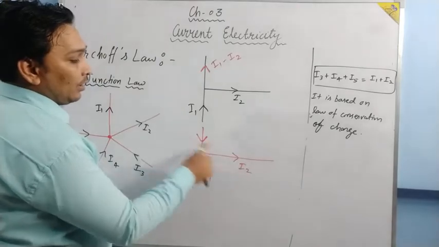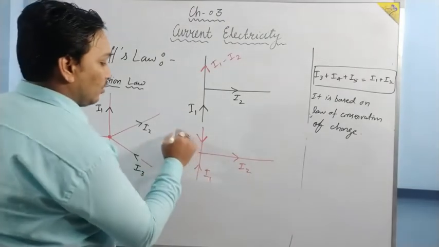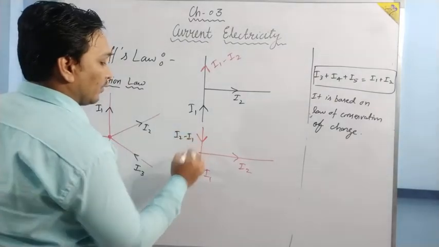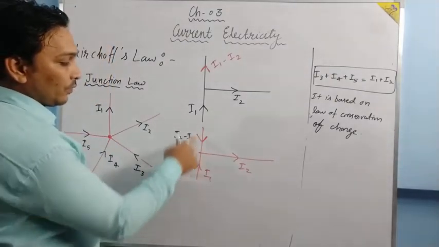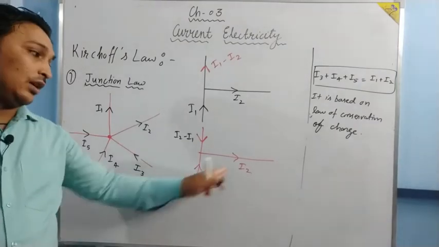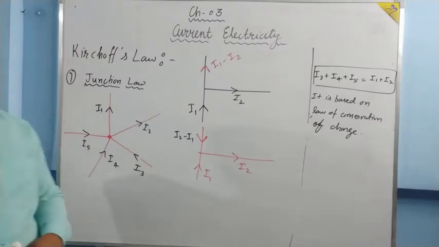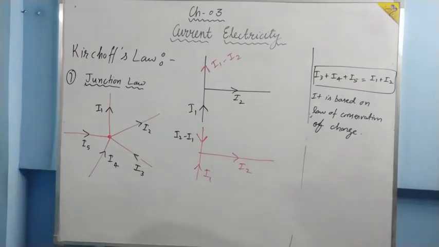Total incoming current must be equal to total outgoing current. So I1 is coming from this side, so this current must be what? I2 minus I1. Just add these two. What are you going to have? Total incoming current must be equal to total outgoing current, that is your I2. Okay, so this is how we solve with the junction law.